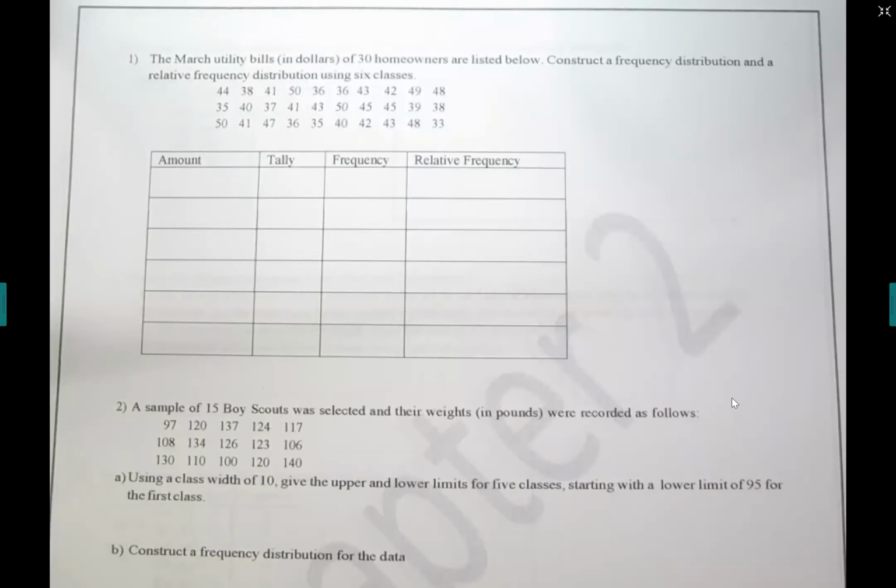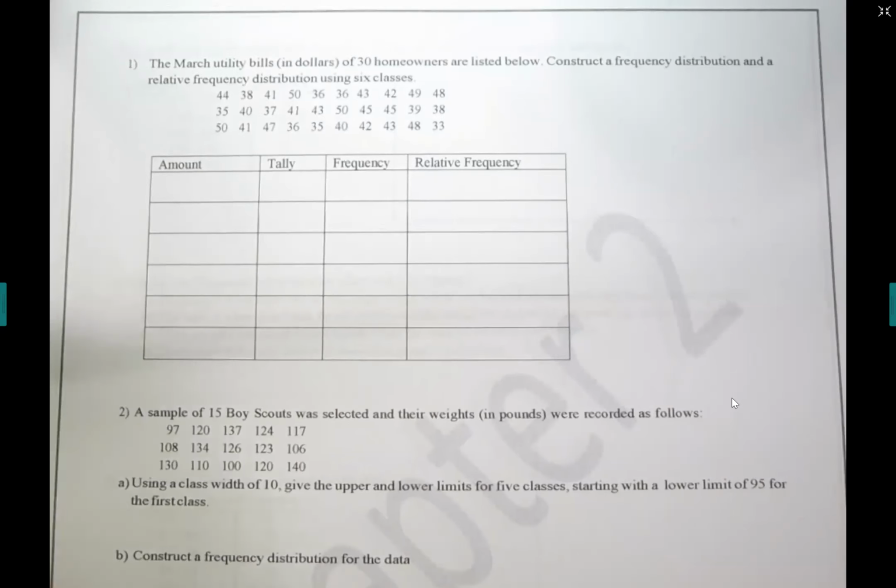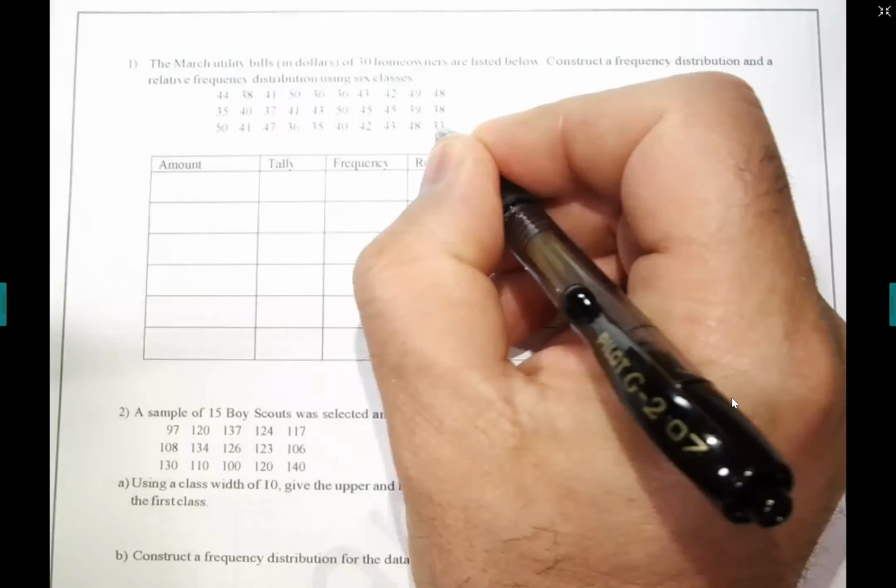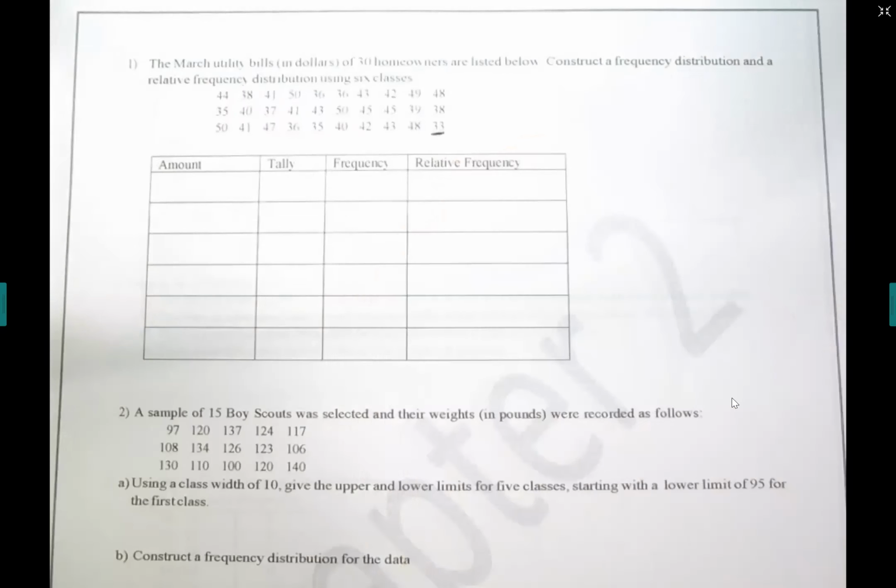Let me ask you, what would be the lowest utility bill here? I think it's 33 probably. That's the lowest. And what would be the highest? 50. Yeah. So you guys, let me suggest this way to create a table and tell me if you think this is a good way or not.